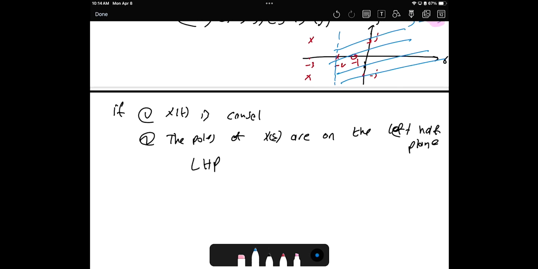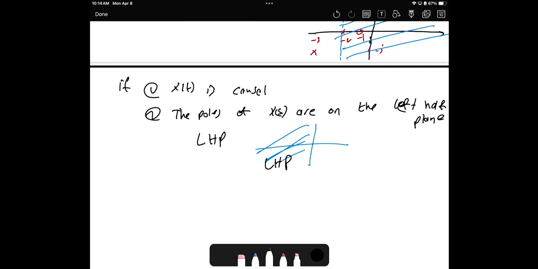When we draw the axes, this is the left half plane. All of the poles are at the left. In other words, we guarantee it's a stable system. Then two results follow.